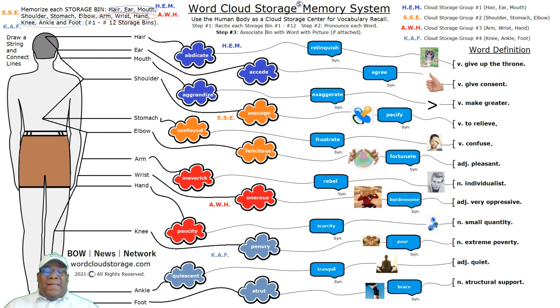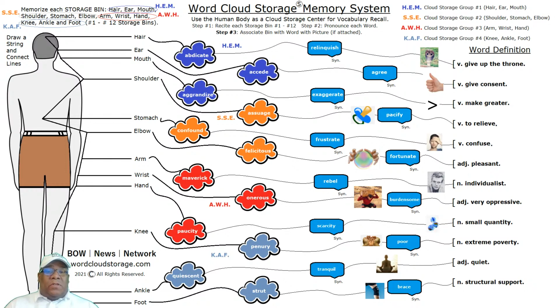We did that with the hand, paucity, and the marbles. You'll never forget that the hand can only hold a certain number of marbles. When you think of hair, you'll always think of abdicate, because you'll think of the king cobra as a hood of your hair.